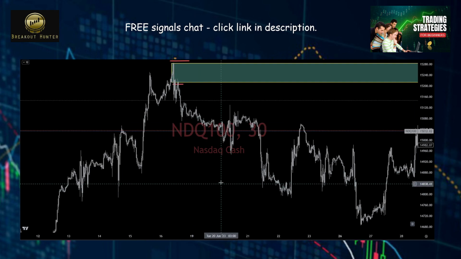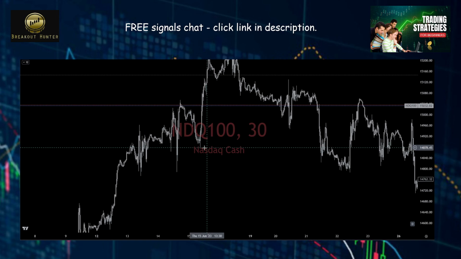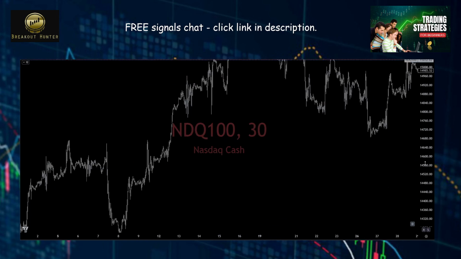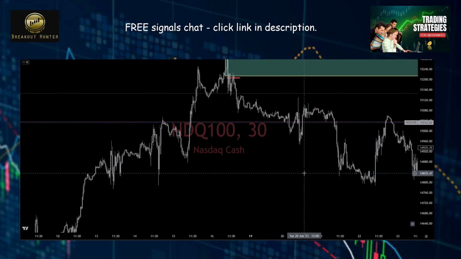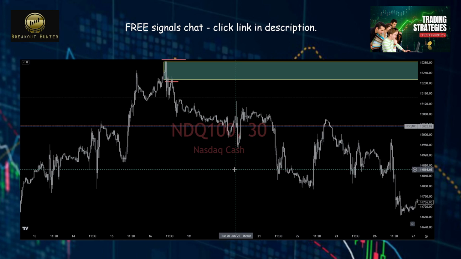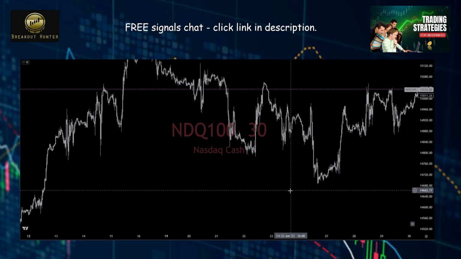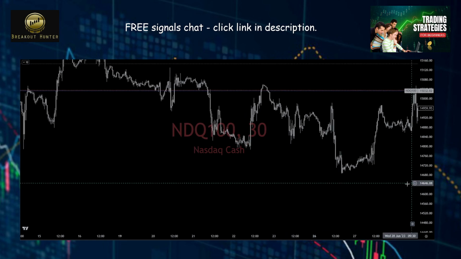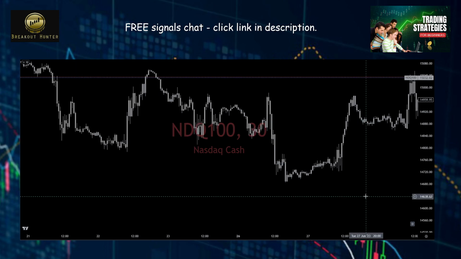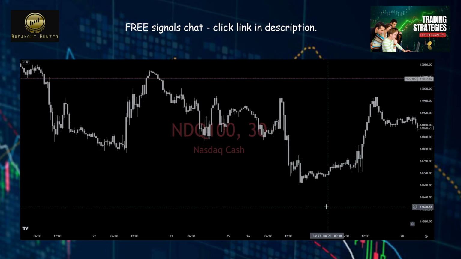But how I trade it is you can short it, and obviously you can target your previous low. You can just have a running stop loss or a trailing stop loss, or you can do what I do, and I wait for it to create the demand zone, which is right here.